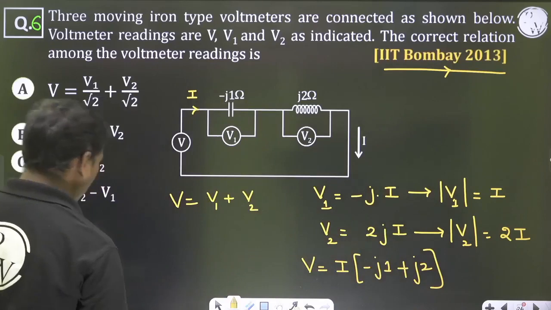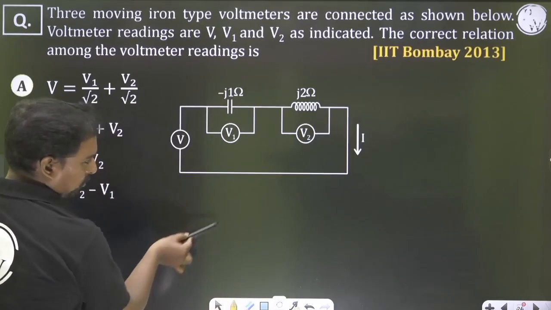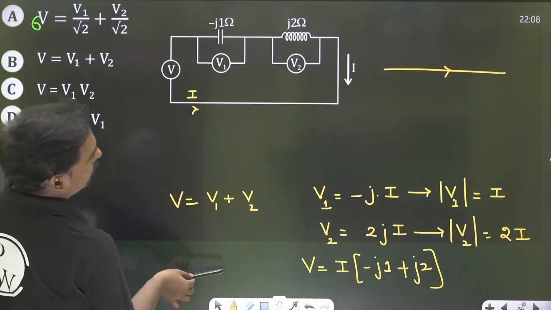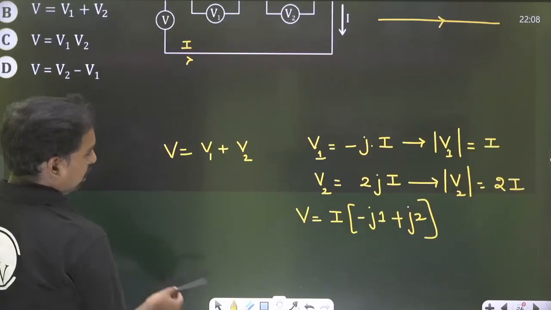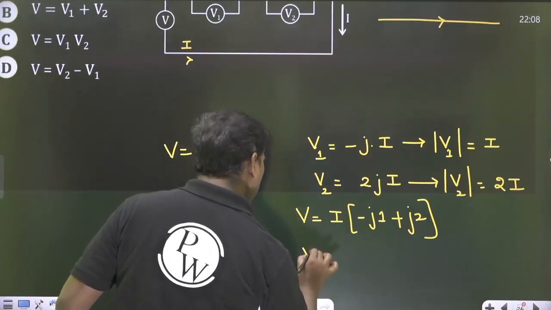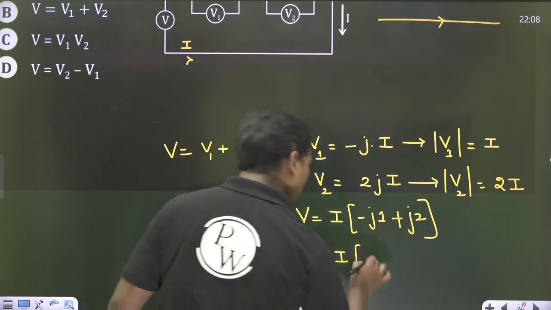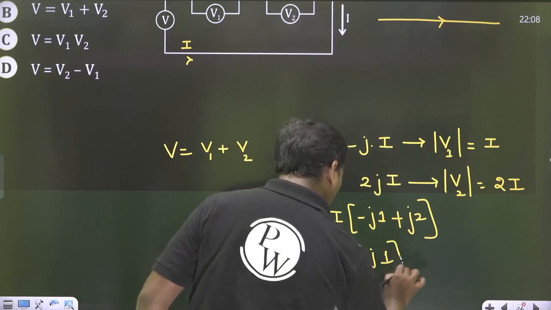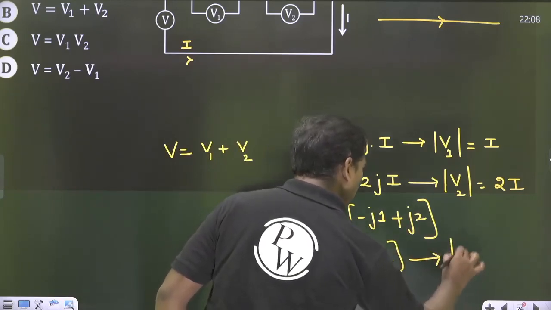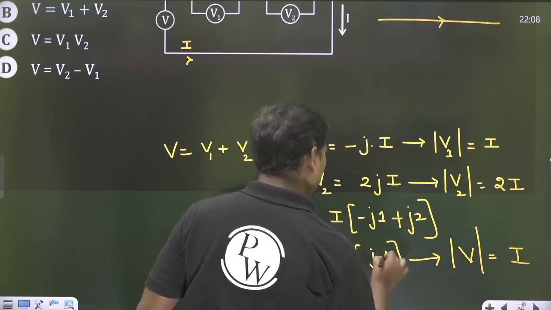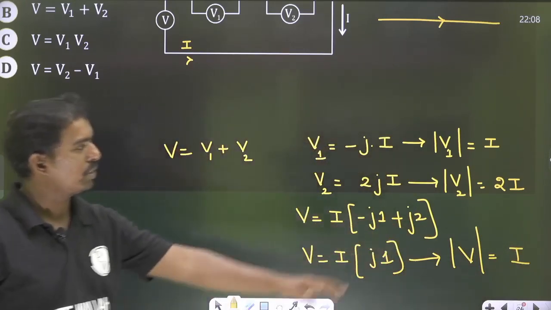So that is coming as V is equal to I into plus J1. So if you take the magnitude of V, the magnitude of V is equal to I.